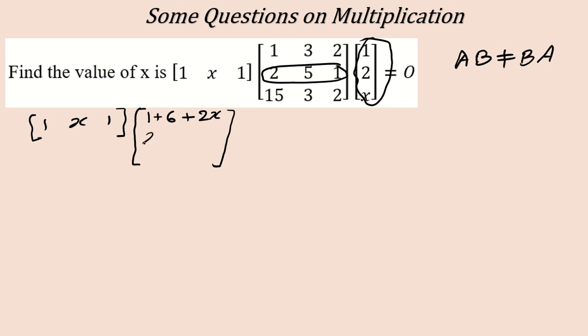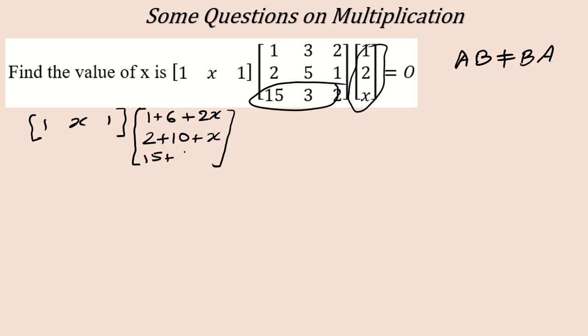So 2 multiply 1, 2, 5 multiply 2, 10, 1 multiply x, x, and the last, the third row and the first column. So it will be 15 multiply 1, 15, 3 multiply 2, 6, 2 multiply x, 2x, is equal to null matrix O.